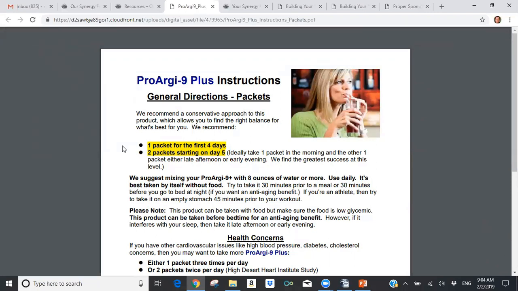All you have to do is click on that, and you can see here's your general instructions for packets. What I suggested is that you do one packet for the first 4 days, to introduce people into the product and allow their systems to adapt to it. Then on day 5, have them increase from one packet in the morning to one packet in the morning and one packet in the late afternoon or early evening.